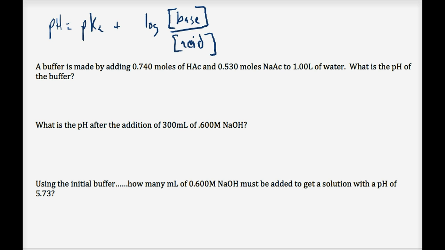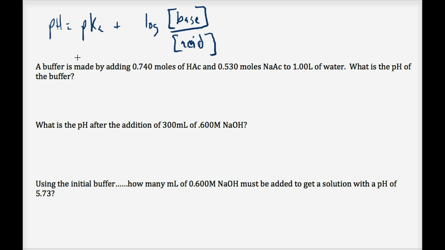Okay, what I mean by that, though, is that you can just subtract the moles of the added acid or base and do a very quick calculation to get the new pH. That might sound a little confusing, but we'll see that a little later in our examples.